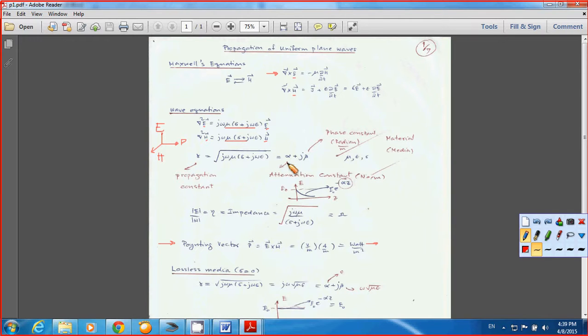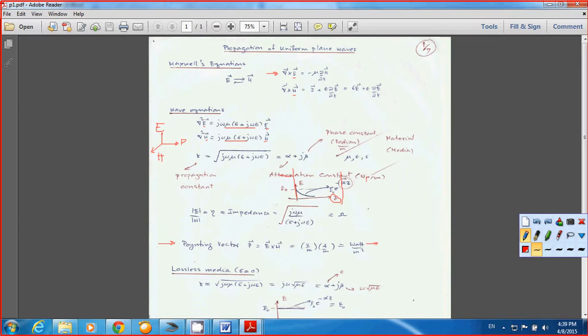Now for the term alpha, we call it the attenuation constant. Sorry, it is in the unit of nepers per meter. It tells you how fast the fields, both electric and magnetic, will be attenuated when they get deep into a material. That's why I have the Z here. It's just like a block of material.